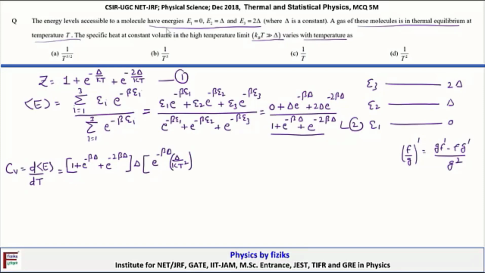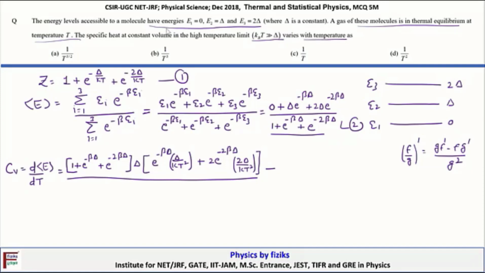Now the differential of the second expression: plus 2 exponential minus 2 beta delta, multiplied by 2 delta upon kT square. Now g f dash is done, and then minus f g dash. Let me write first the minus f g dash.